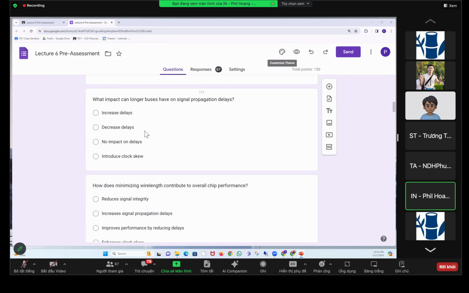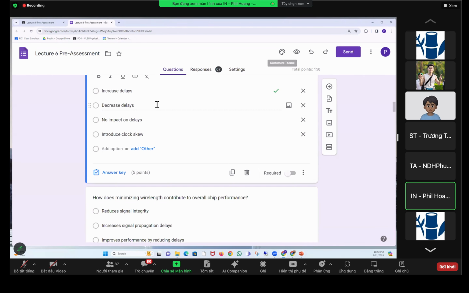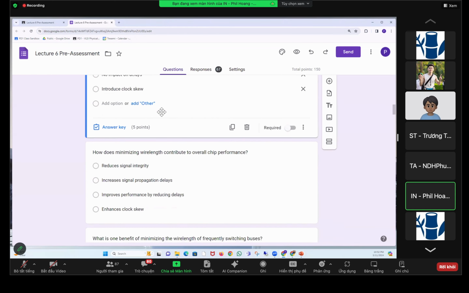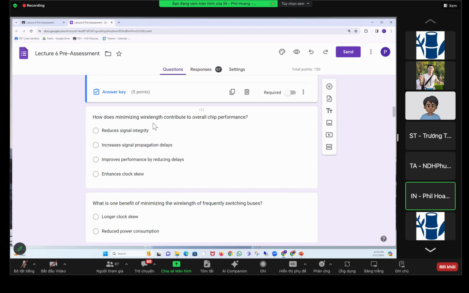Increase the delay, decrease the delay, no impact on delays, introducing clock skews. Increase the delay, right. How does minimizing wire length contribute to overall chip performance? Reduce signal integrity, increases signal propagation delays, improve performance by reducing delays, enhance clock skew.